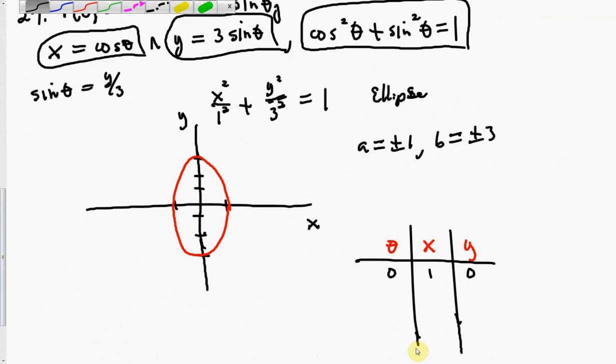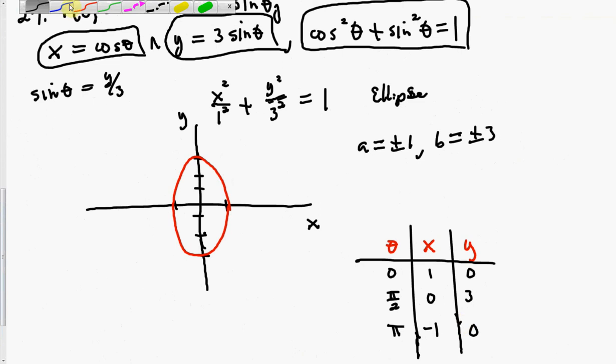When theta is equal to pi over 2, cosine of pi over 2 is 0, and sine of pi over 2 is 1 times 3. We get 3. When theta is equal to pi, cosine of pi is -1, and sine of pi is 0.